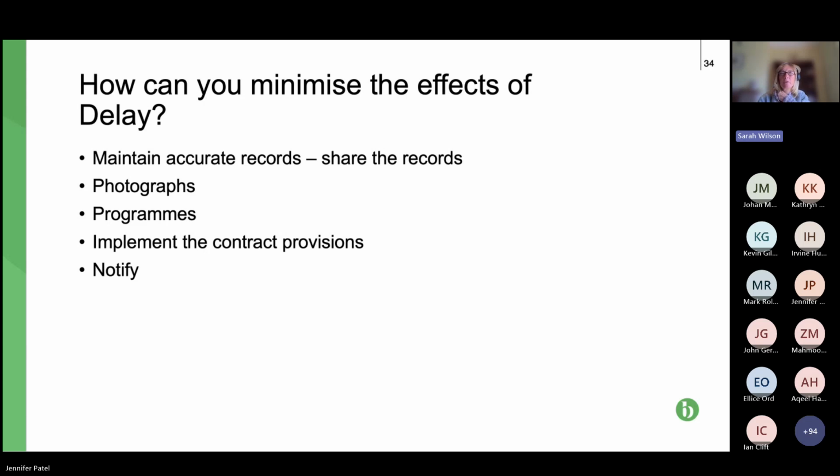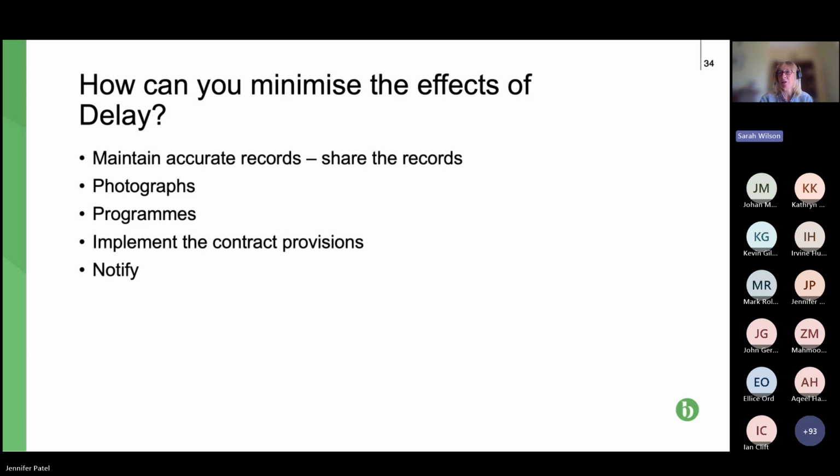So, records, photographs, programs, but also implement the contract provisions that we've looked at and notify delays. Don't try and keep it hidden or think, well, I don't want to annoy anyone, so I won't issue. The contract's saying, notify.